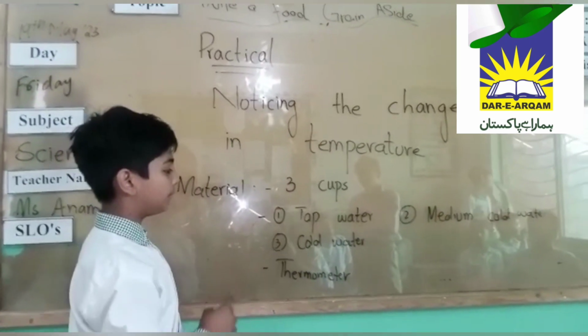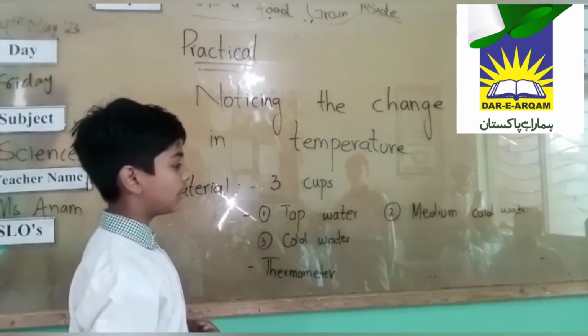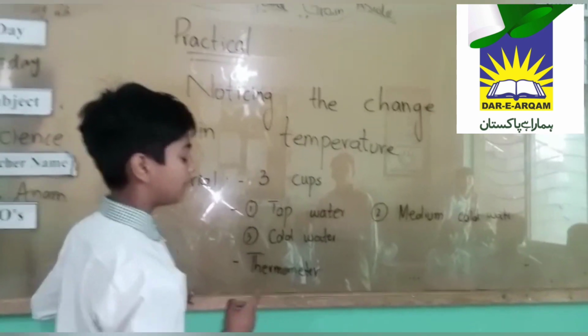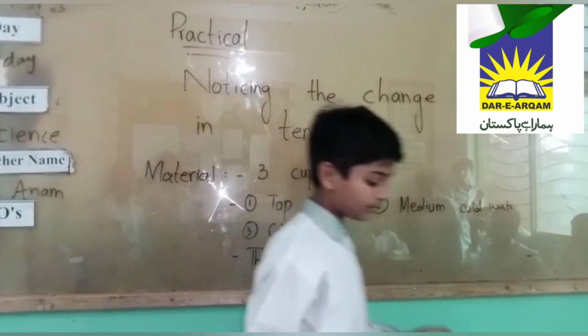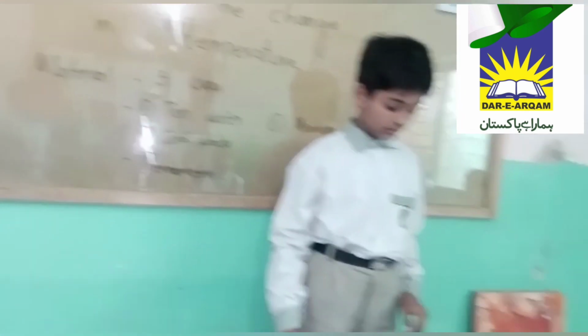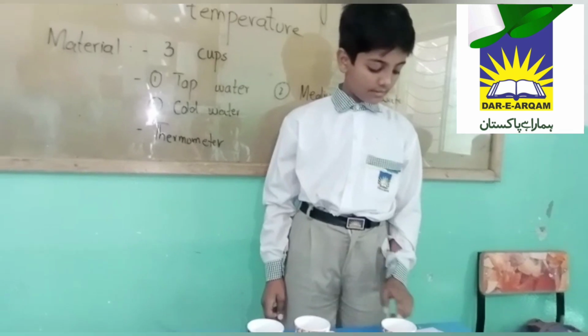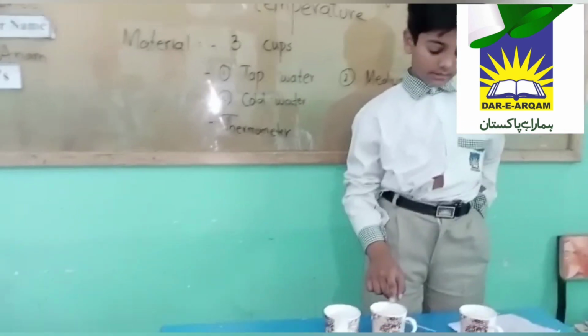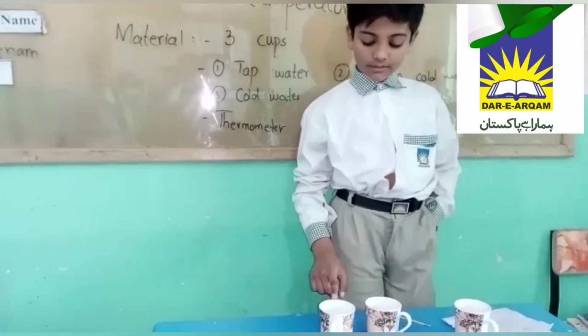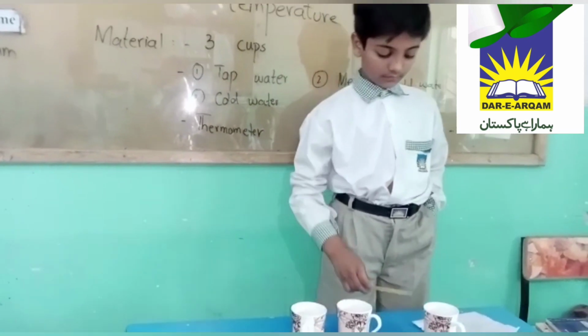I am in 5B. Practical: noticing the change in temperature. Material: 3 cups. Number 1 tap water. Second material medium cold water. Third cold water. Thermometer. We have first cup having tap water, second cup has medium cold water, third one has cold water.